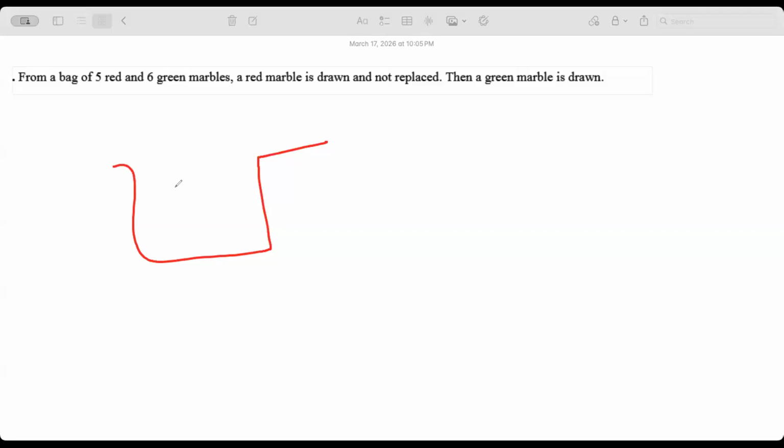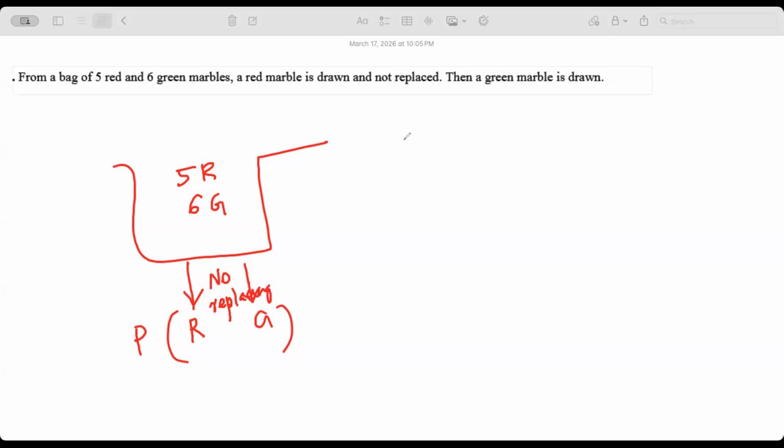If you had done class level grade 7 with me, I would have done it with you. 5 red, 6 green marbles. A red marble is drawn, then it is not replaced. Then a green marble is drawn. What is the probability of RG? No replacement, meaning you're not replacing it.